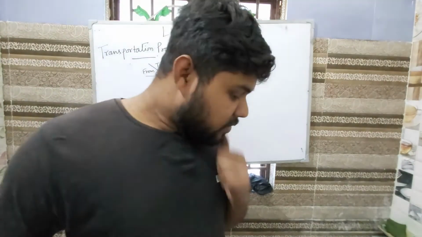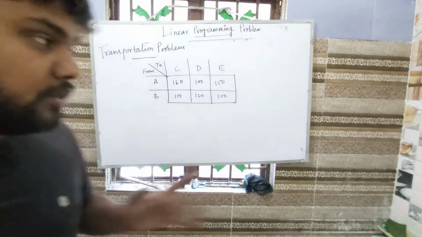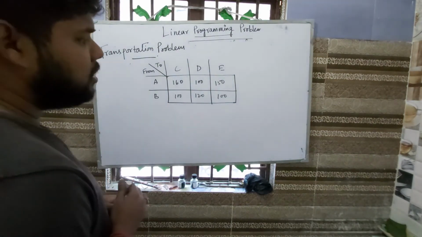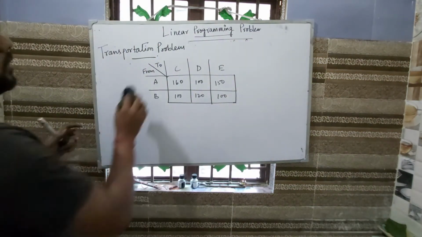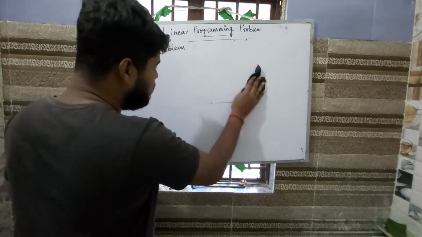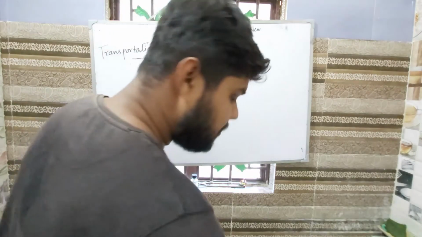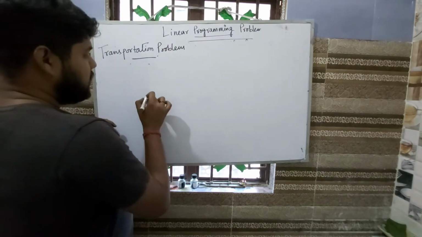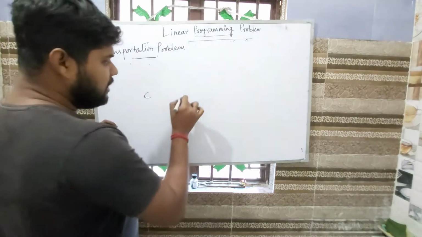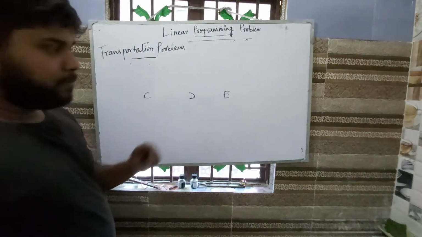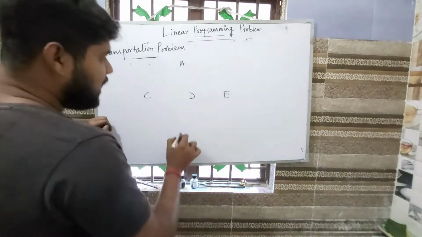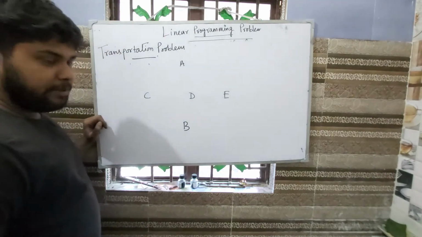So now you have to find the minimum cost of transportation. Fine. Now I have to draw something: this is C, this is D, this is E. These are the depots. This is factory A, this is factory B.